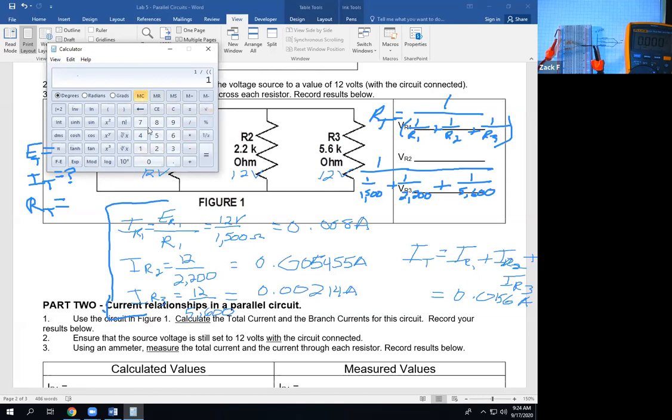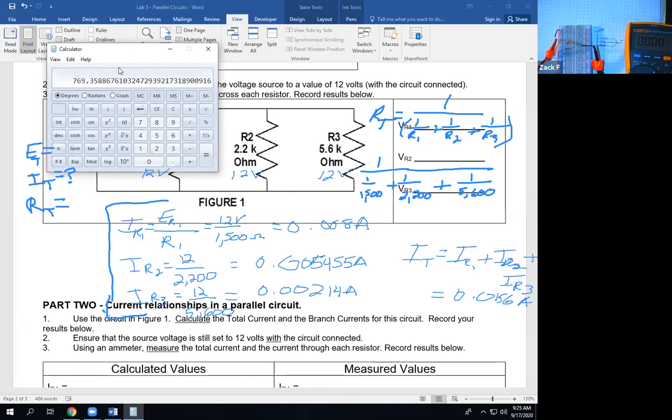1 divided by parentheses, 1 divided by 1500 plus 1 divided by 2200 plus 1 divided by 5600, parentheses, equals.